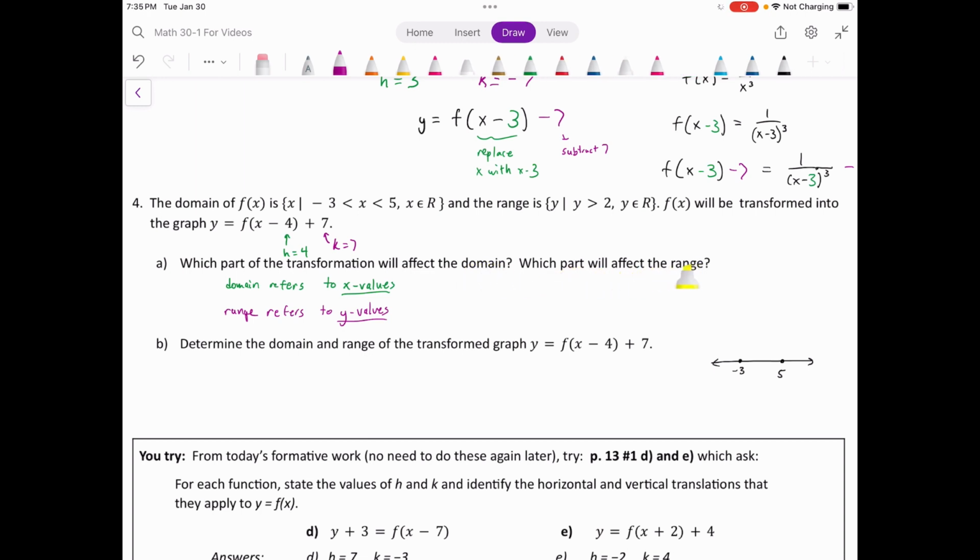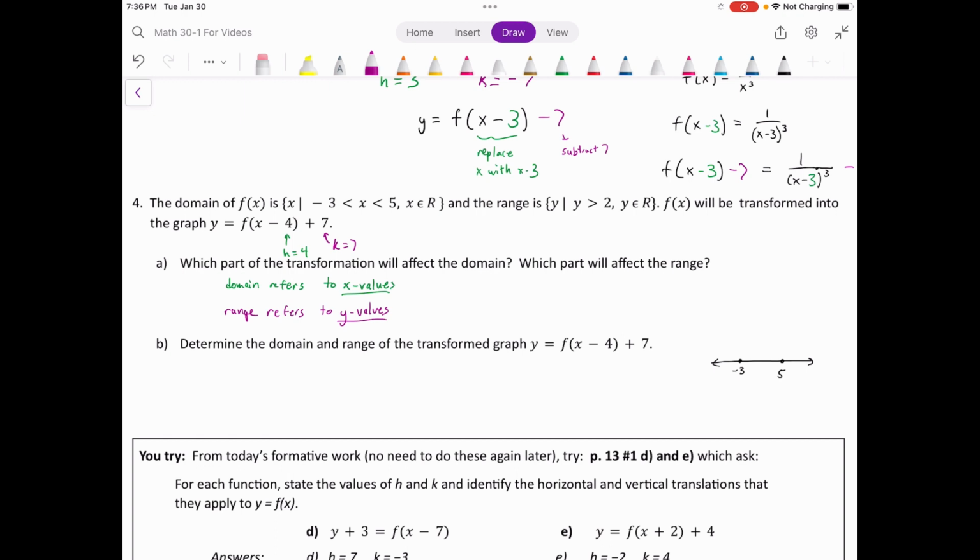Okay, so this question asks us which part of the transformation will affect the domain, which part will affect the range. Well, what does domain refer to? Domain refers to the valid x inputs. So what's going to change that? Sliding it left and right with h, or sliding it up and down with k? What affects the x values? Well, the horizontal, right? X is the horizontal axis.